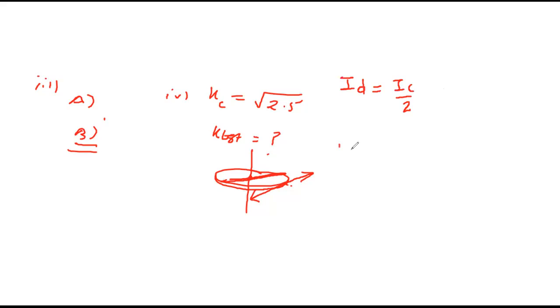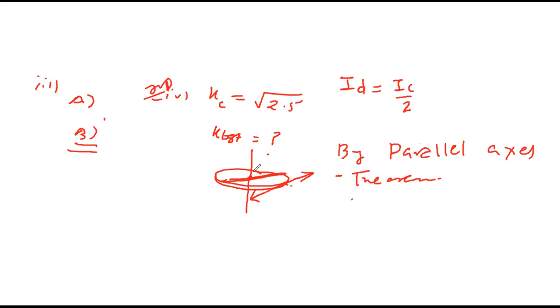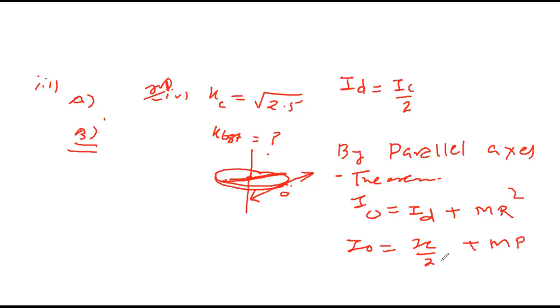So by the parallel axis theorem, I about this point O will be IO equals I diameter plus MR square. I diameter is IC by 2 plus MR square.